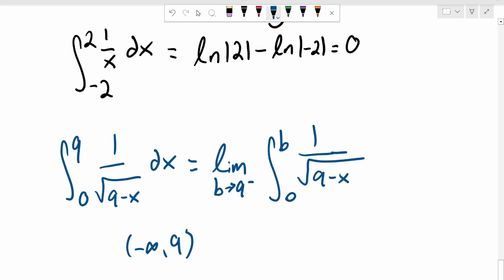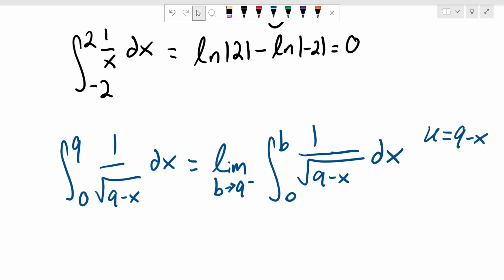Okay. So to actually do the integral here, we can just do a simple substitution. So u being equal to 9 minus x here, this will imply that du is equal to negative dx, or that negative du equals positive dx.